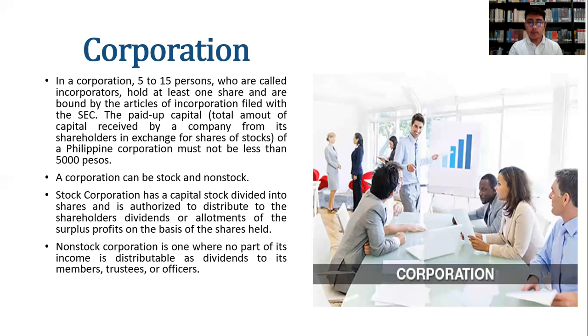So the stock corporation class, the capital is divided into shares. So nakadepende po sa shares ng isang incorporators kung ilan yung makukuha niya. While yung non-stock corporation naman, of course, the profit gained by the corporation will not be distributed as dividend to its members, trustees, and others.